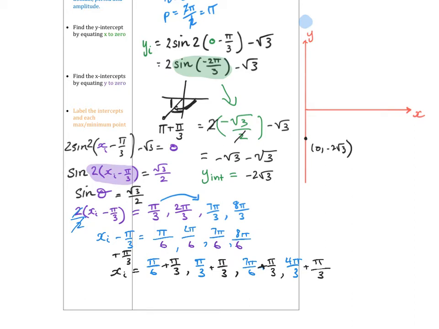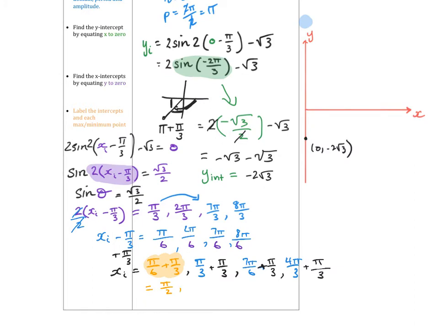So now we're at the point where we'll have to simplify some of these answers. Pi on 3 can be thought of as 2 pi on 6. And so my first answer here is really 3 pi on 6. Oops, that's not what I meant to do. This answer here is what I meant to simplify as 3 pi on 6, which we know to be pi on 2.